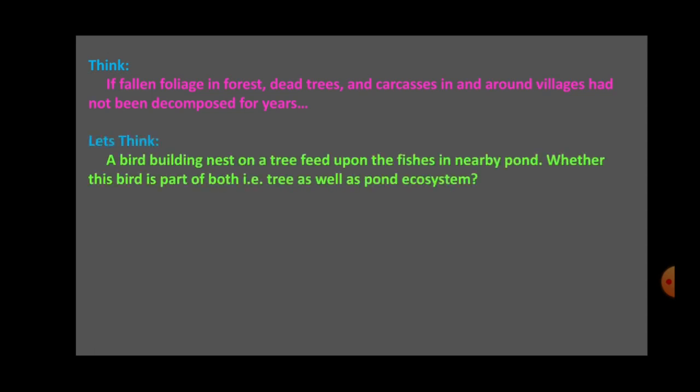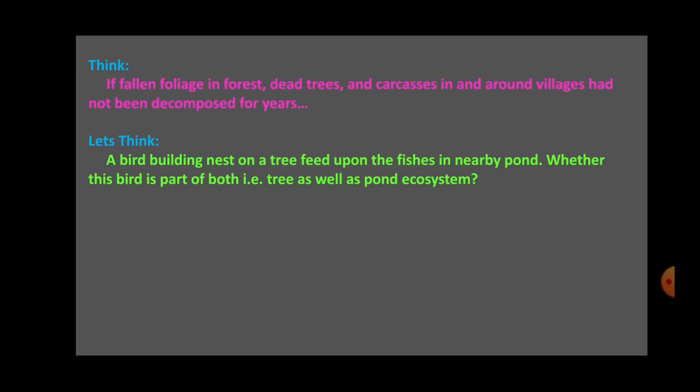Next, let's think. A bird building a nest on a tree feeds upon the fishes in a nearby pond. We all have seen that birds build nests on trees, and they obviously feed upon the fishes in the nearby pond. So now tell me whether this bird is part of both the tree and the pond ecosystem, or just the tree or the pond.